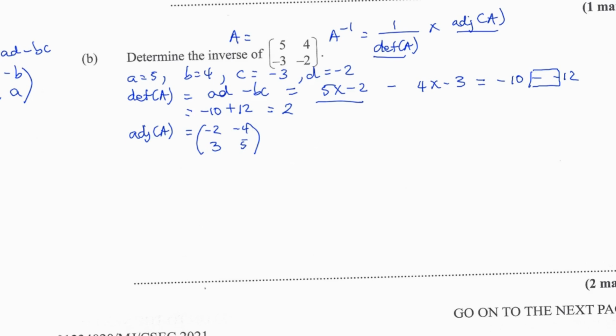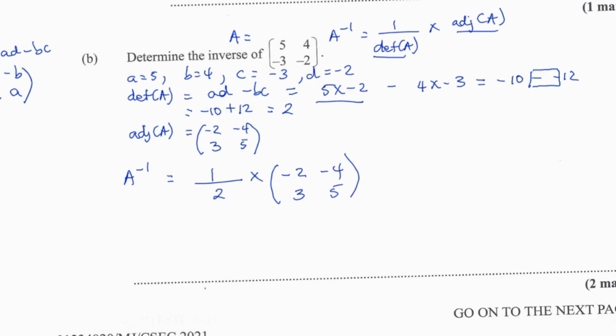So let's do that. So the inverse of A would be equal to 1 over 2 multiplied by, because that is the determinant of A, we've already found this up here, multiplied by the adjoint of A, which is right on top here. So that is multiplied by minus 2, 3, minus 4, 5.